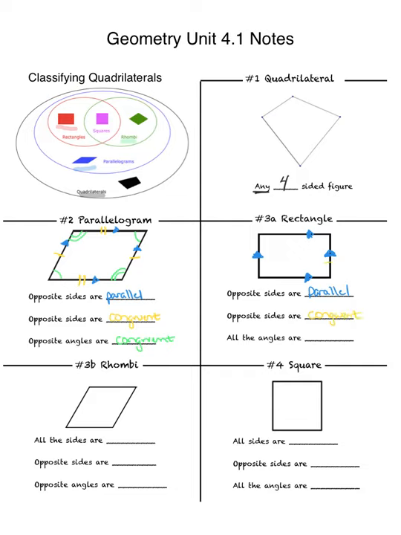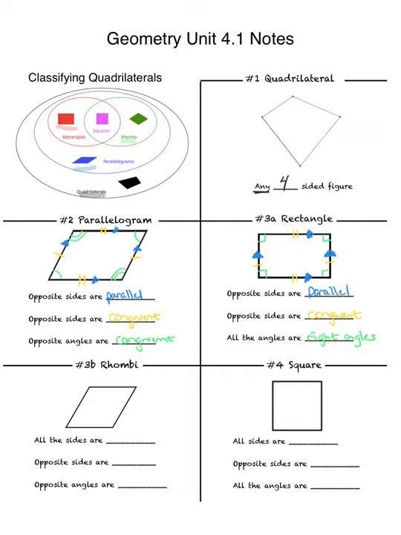Okay, that hasn't changed either, has it? So far, the qualifications of a rectangle are also those of a parallelogram. But here's the different one. All the angles are right angles. That's the difference between a rectangle and any other parallelogram. All the angles are right angles.